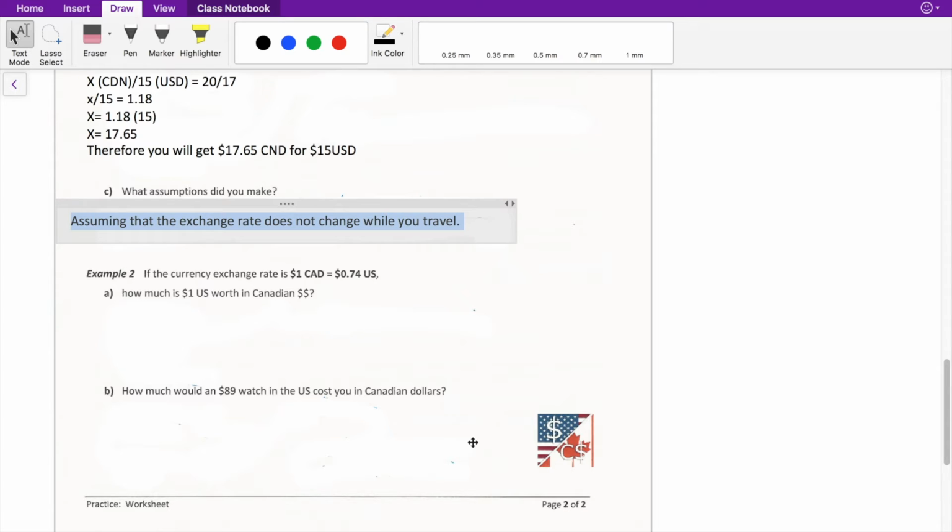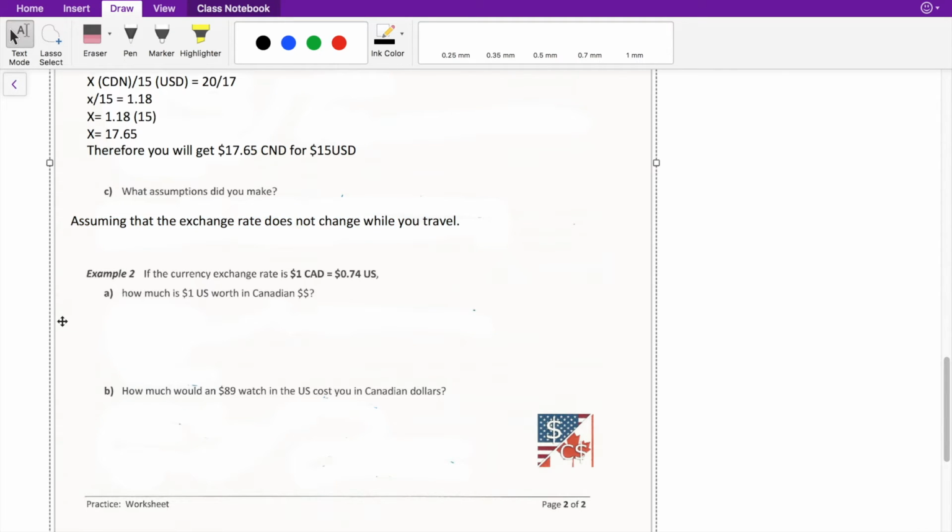So that one's done. So next one here, example 2. If currency is exchanged for $1 Canadian equals 0.74 US, how much is $1 US in Canadian? So let's start with our ratio.